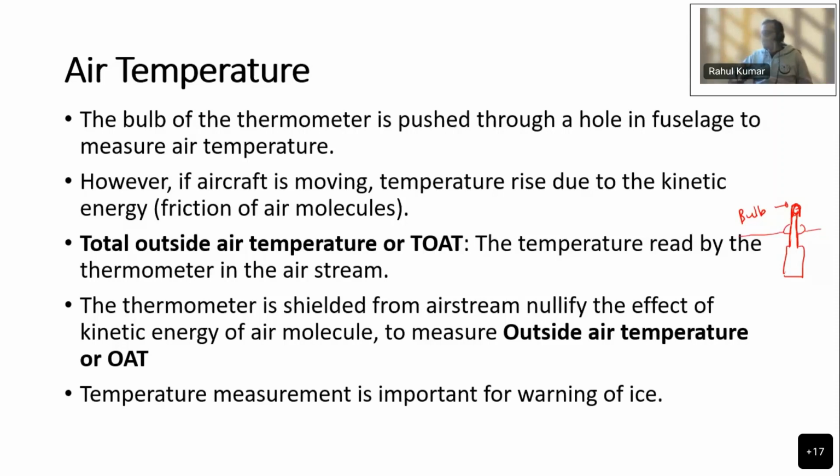But this temperature will be the air temperature plus the temperature due to kinetic energy of the airstream. So if you just push a thermometer outside the aircraft, you will have the air temperature plus the temperature due to the friction or the kinetic energy of the air.